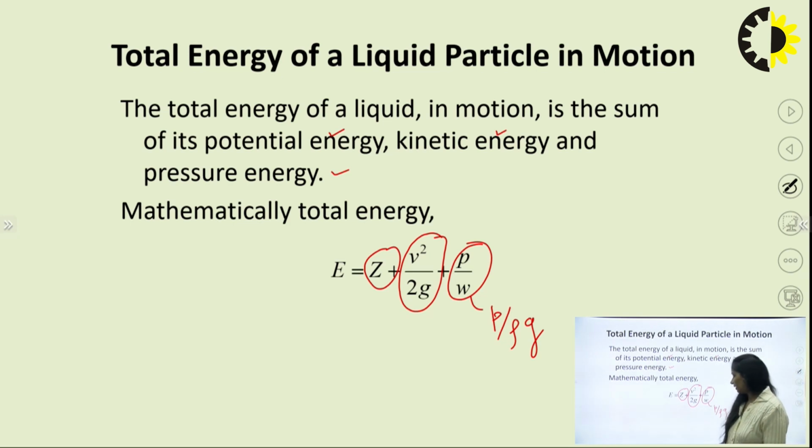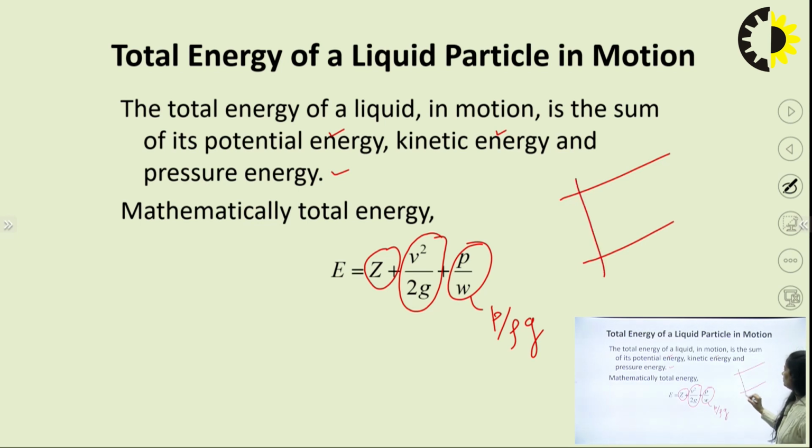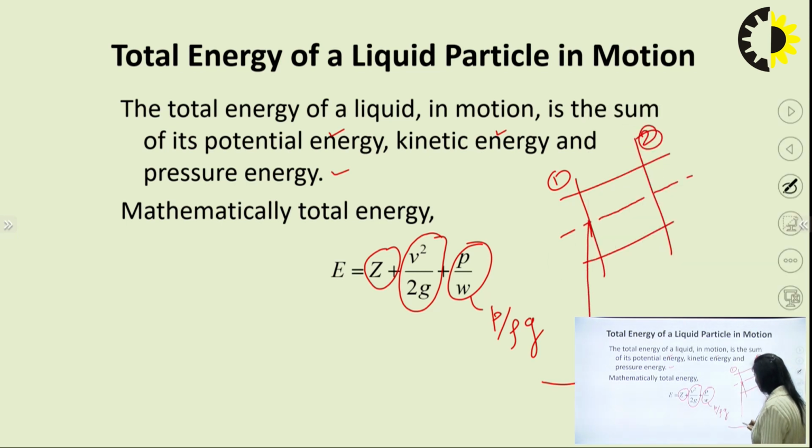Again, if there is an inclined pipe and you are taking two sections, let us suppose this is section number 1 and this is section number 2, and there is a datum which you have taken as your reference line or datum line. If you consider the central line of those two sections, for section 1 this will be your datum 1, or potential energy.